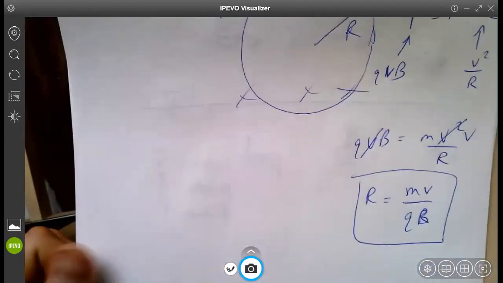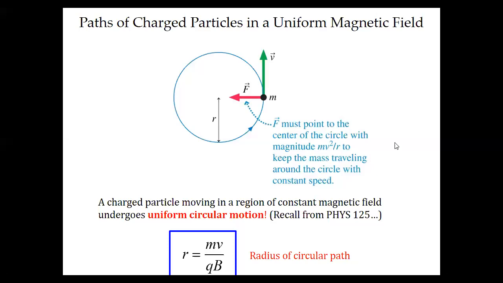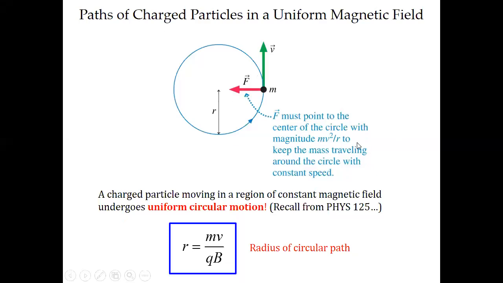Interestingly, the radius tells us something about either the strength of the magnetic field, or the charge, or the velocity or the mass. So if we knew three of those things, then we could figure out the other. So that's kind of an interesting thing.